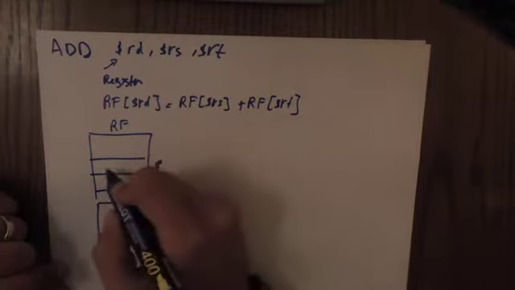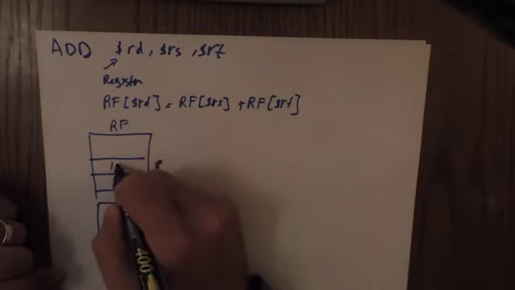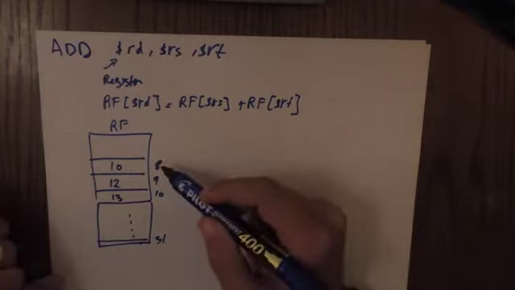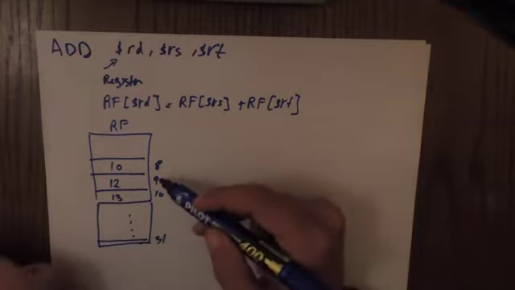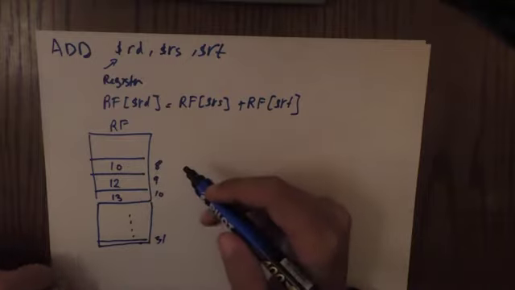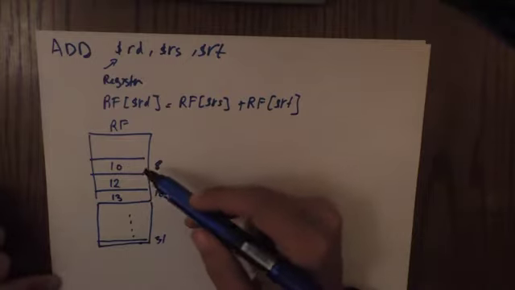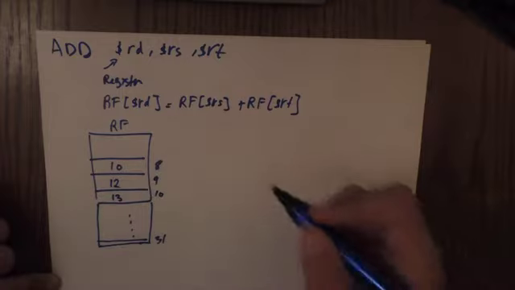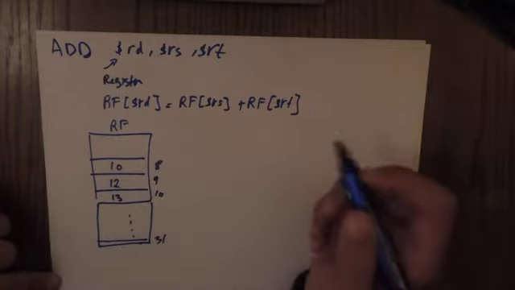So let's say I have values 10, 12 and 13. So we can identify that 8, 9, 10 are the locations of these values. We'll worry later about how these values came inside the register file. We're just focusing on the add operation.